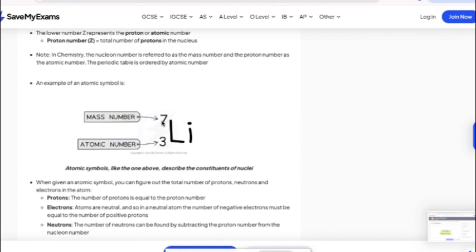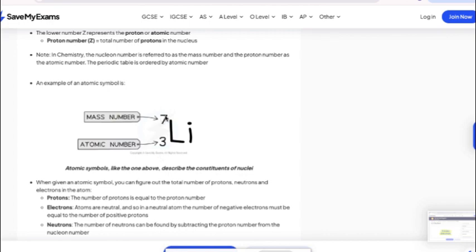Sometimes they flip this. The 7 will be at the bottom, the 3 will be at the top. It's not always the case. But what is to note is that the greater number is the mass number. The nucleon number is always the bigger number, whether it's at the bottom or at the top.